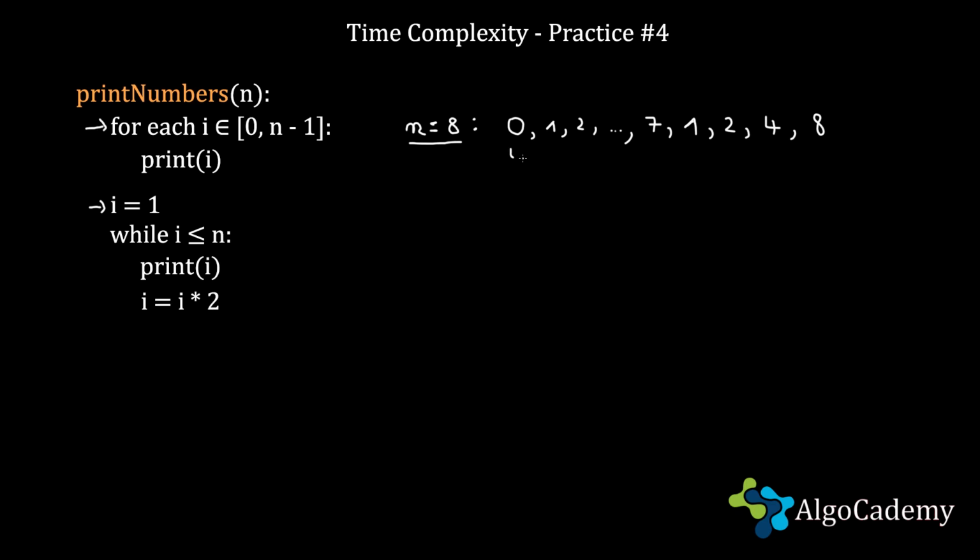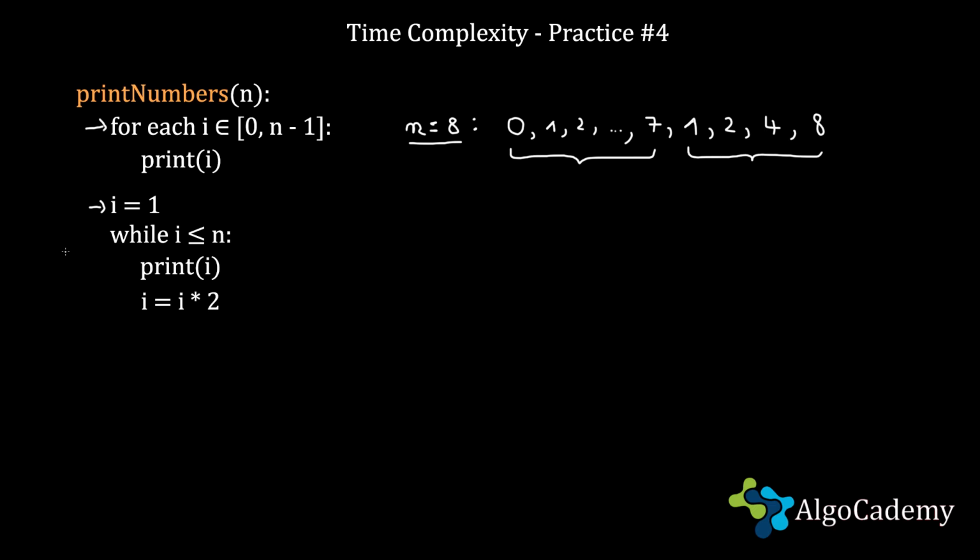As you can see, these numbers are basically formed by two sets, two groups. This is the group that the for loop printed, and this is the group that the while loop printed. So, if we take a look at the whole algorithm, we will actually notice that it consists of two sub-algorithms, right?